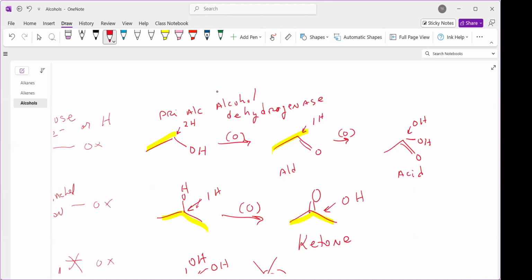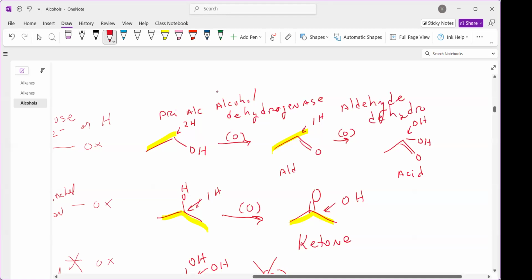The aldehyde version is called aldehyde dehydrogenase. The aldehyde dehydrogenase will take it to the acid.